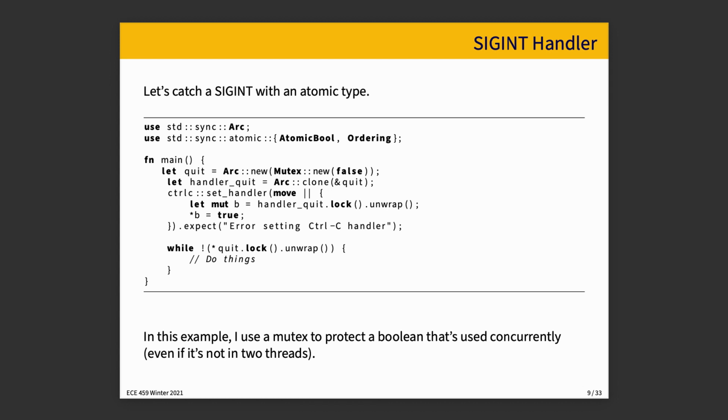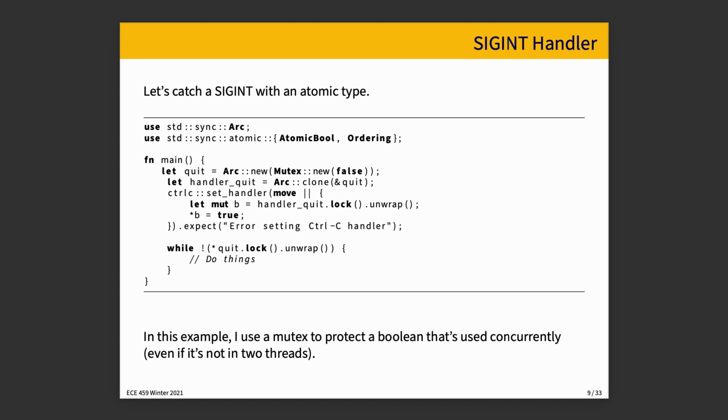But for the purposes of the example, it was a good way to work with setting up a Control-C handler. Okay. So I have to import the correct type. It's in the sync package, so Arc for atomic reference counting, and I also have some atomic types in there as well. We'll come back to the subject of atomics in some more detail a little bit later on.